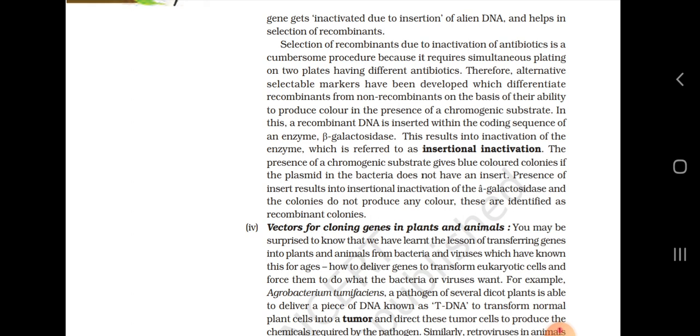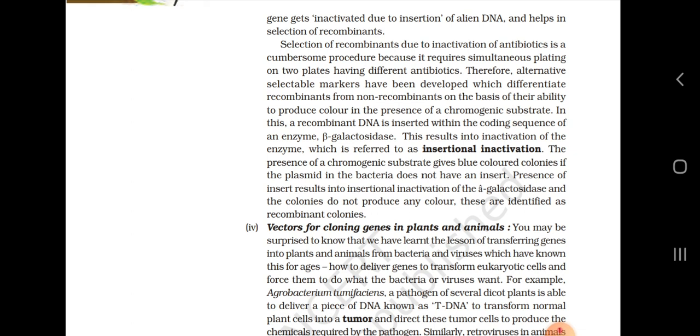The second process is insertional inactivation. Insertional inactivation is also a good process of selecting the transformants from the non-transformants. This is done on the basis of color production in the presence of a chromogenic substrate, and the recombinants and non-recombinants can be easily differentiated.